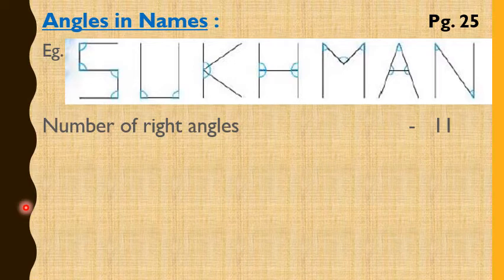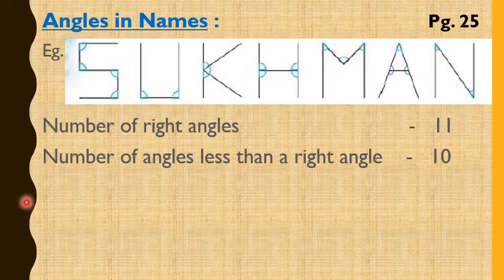In this name, there are 1, 2, 3, 4, 5, 6, 7, 8, 9, 10, 11. There are 11 right angles.